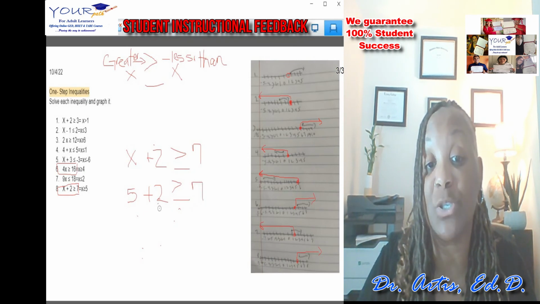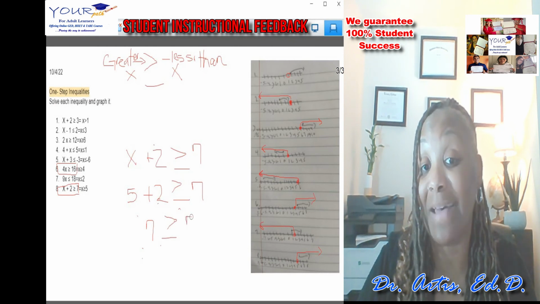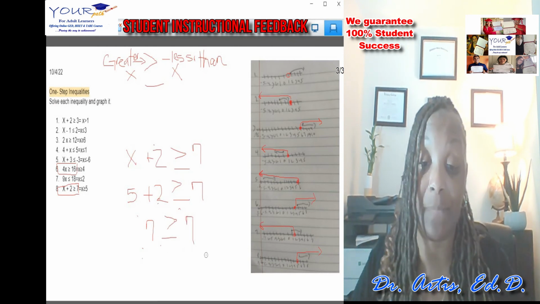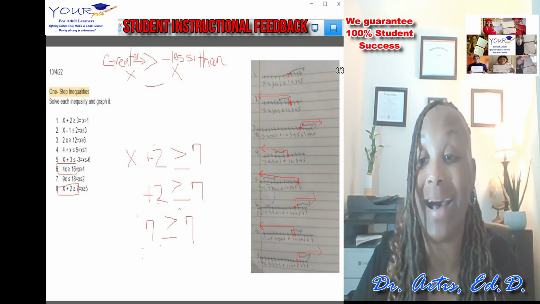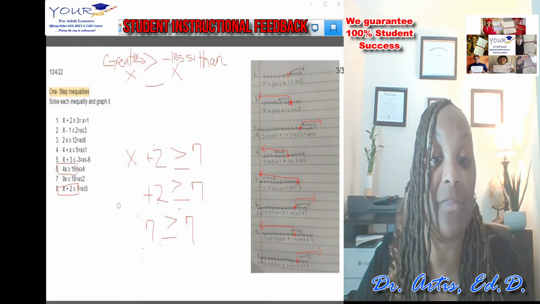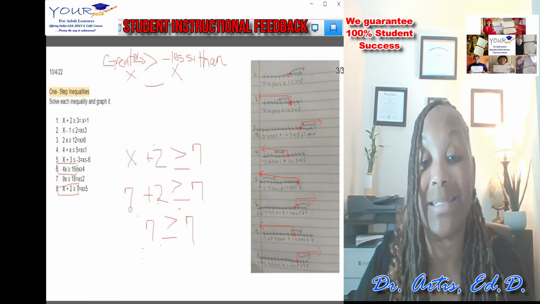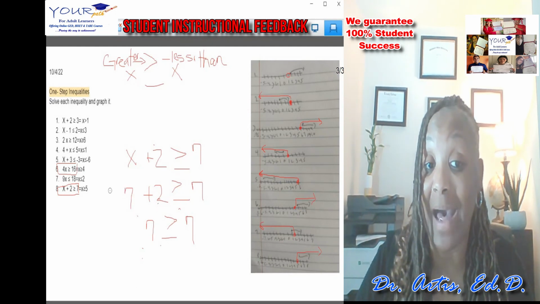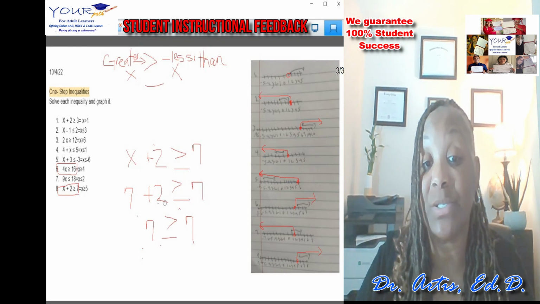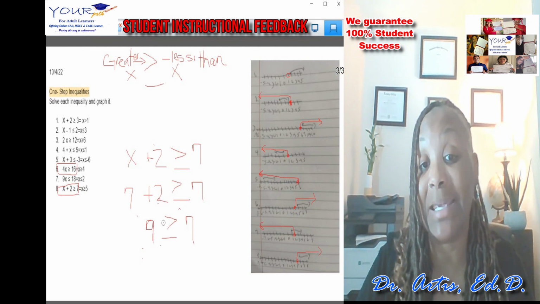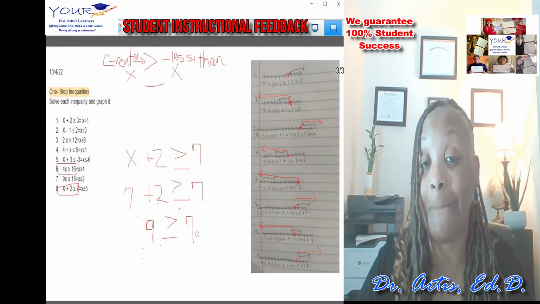Because 5 plus 2 is 7, and 7 does equal 7. Okay, so this is a true statement. Likewise, if I put another number, 7, because x has to be equal to or greater than 5, 7 plus 2 gives me 9, and this statement is true. 9 is greater than 7. Okay?